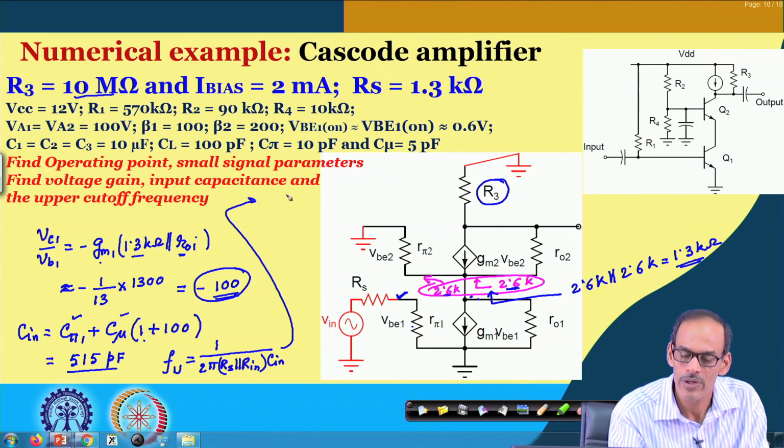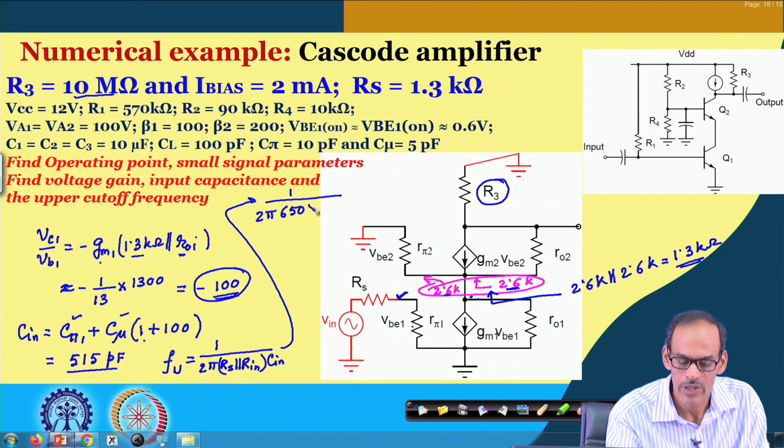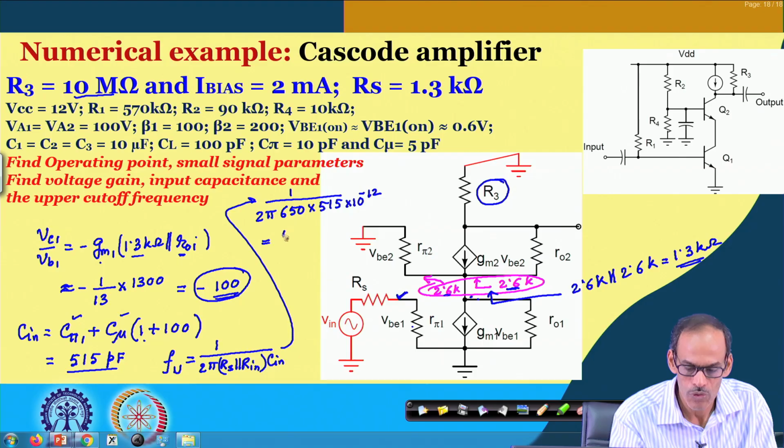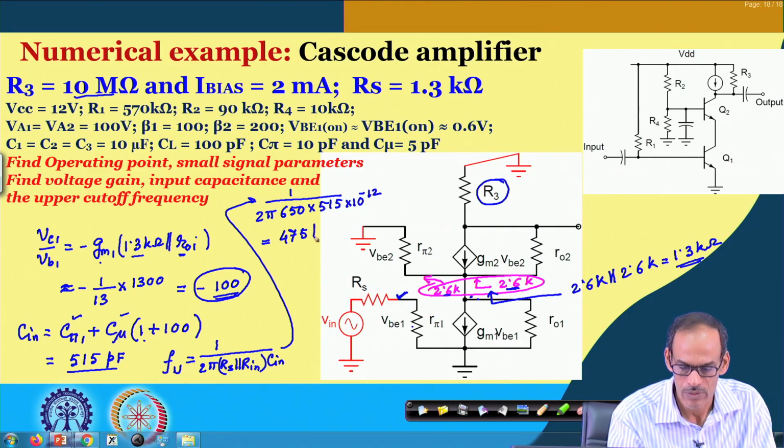We do have 1 by 2 pi, 650, and then 515 multiplied by 10 to the power minus 12, and that gives us 475 kilohertz.